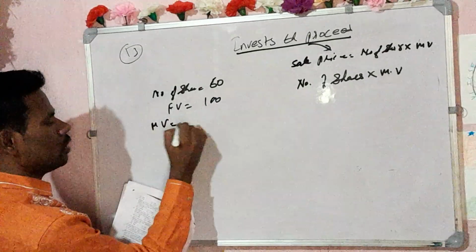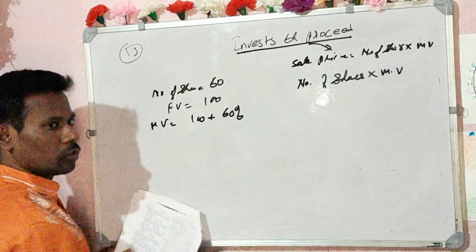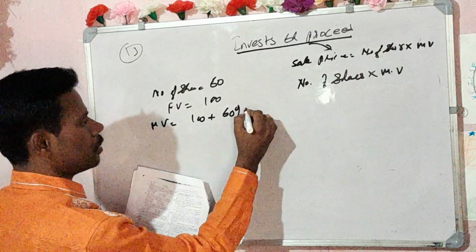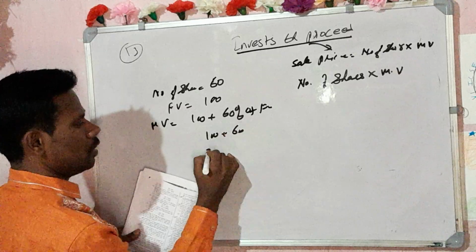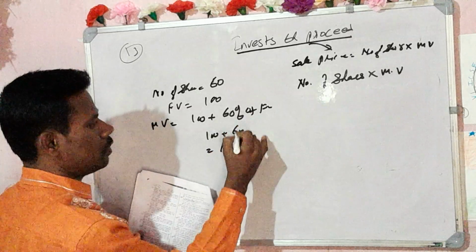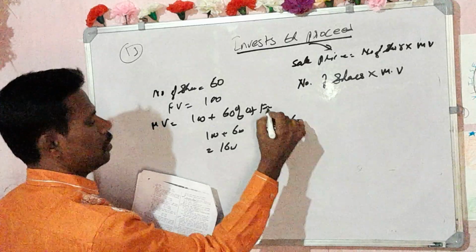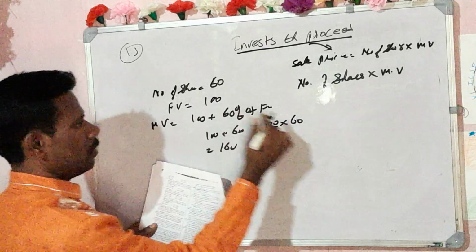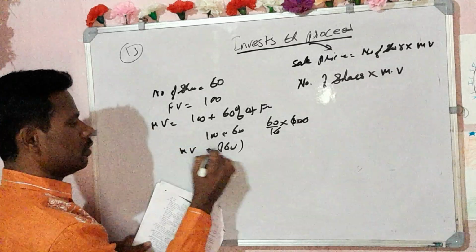So market value is nothing but 100 plus 60%. Premium means you should add it, 60% of face value. So that is nothing but 100 plus 60, 160. How did you get this 60? 60 by 100 into face value. Say face value is 100, so 100 cancels. So the premium is 60.